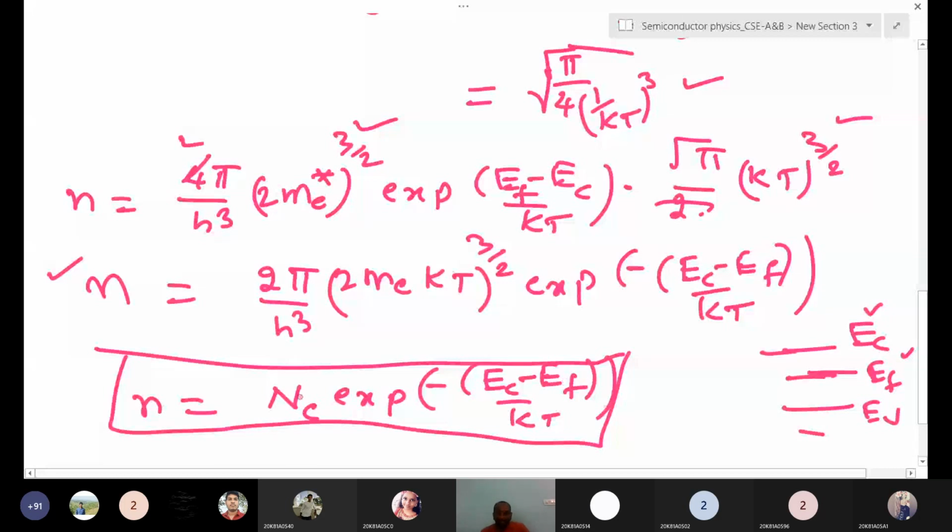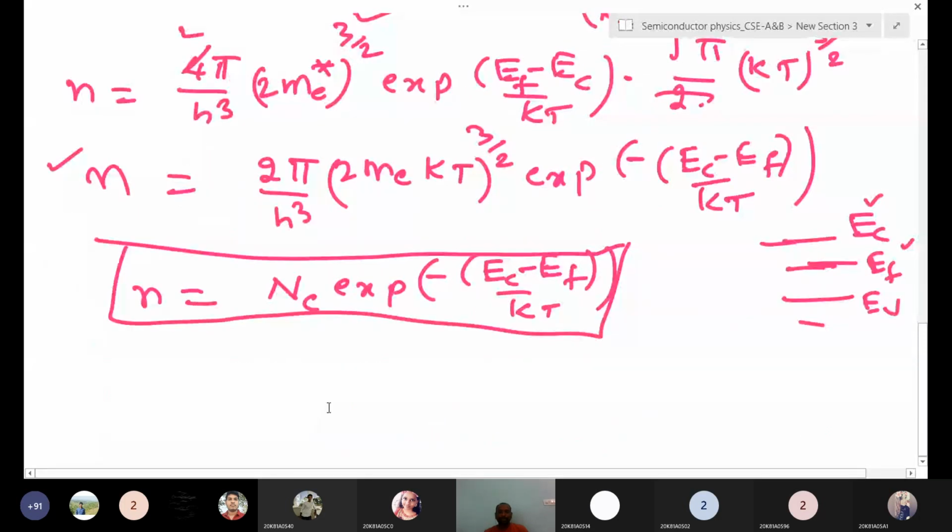So Nc is the effective density of the charge carriers. You can write Nc is equal to 2 pi by h cube 2m e KT to the power of 3 by 2. This is the effective density of states.